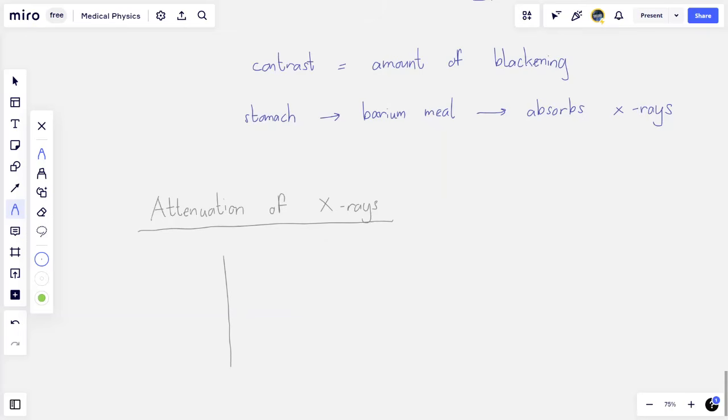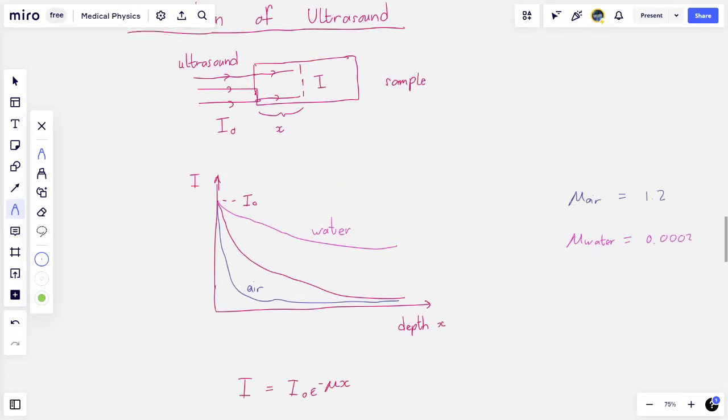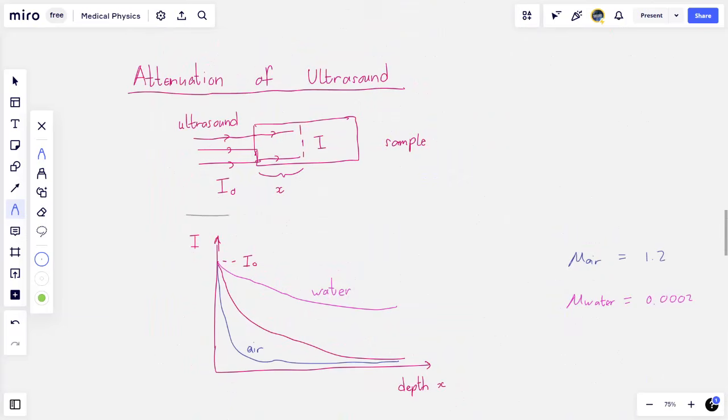Obviously in reality it's a little bit more complicated, but in a very idealized scenario, we have the incident intensity going in, and with distance, this incident intensity decays. That's with the depth into the sample. I won't redraw the diagram, but it's exactly the same as we did for ultrasound.